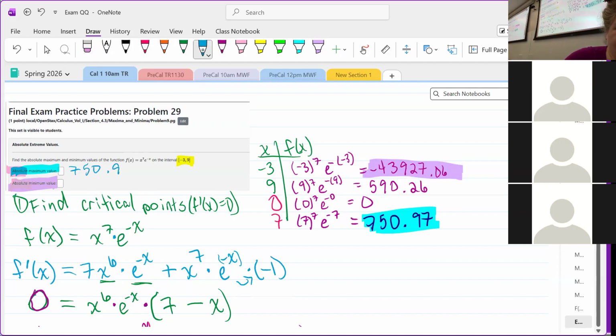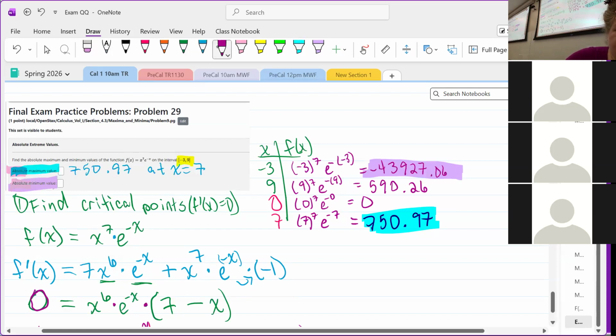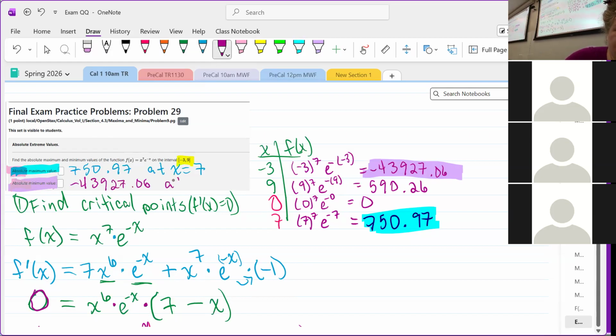So 750.97 at x equals 7. Negative 43,927.06, and that occurs at x equals negative 3. Now, WebWork isn't asking us for the x values, they're just asking for the y values. But on the test, you're going to have to do both.